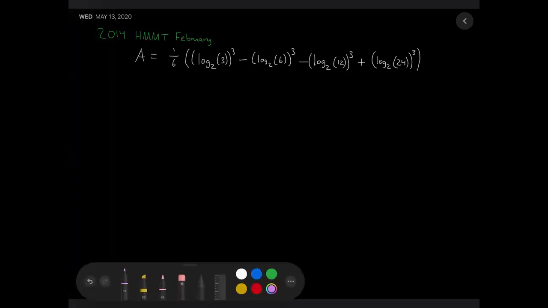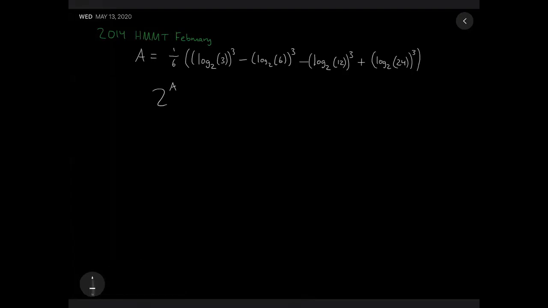So A is equal to 1/6 of that entire nasty expression, and you want to compute 2 to the A. So after you find A, you want to find 2 to the power of it.